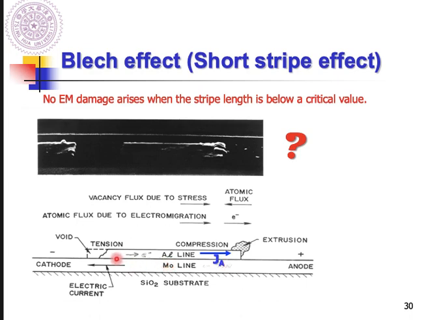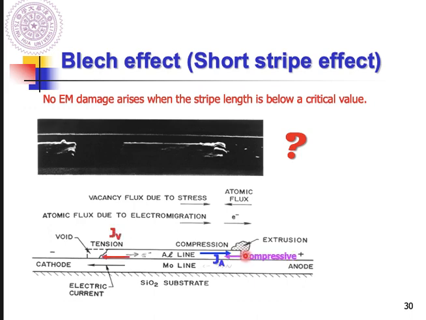And that means in the beginning there are vacancies, but the vacancies will accumulate and form a void, and the void will get larger and larger. If this situation continues, we are going to observe the EM damage, including void formation and the extrusion of the aluminum atoms.